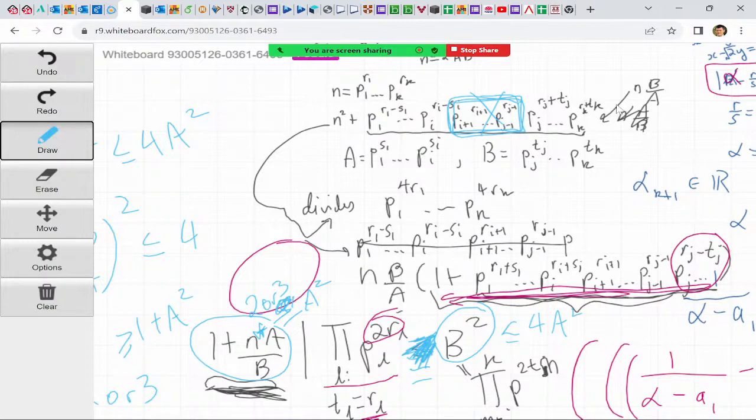Oh wait, if it's just that, you get this, and then you cancel that. You get n equals a b, and that's not true. n equals b equals a squared. This doesn't work.